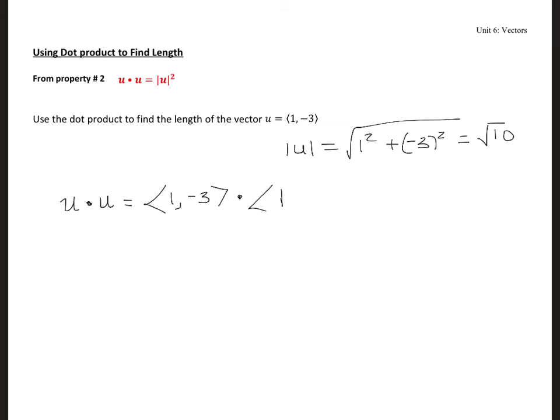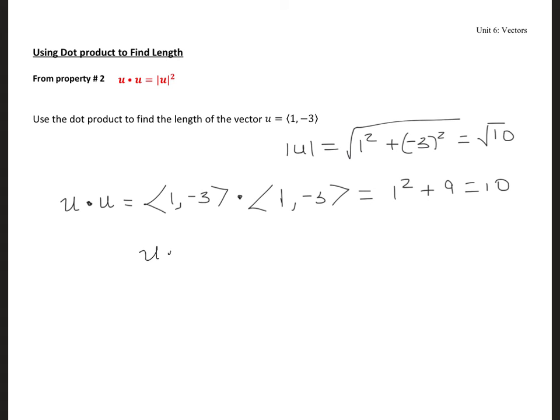So 1 times 1 is 1 squared, plus negative 3 times negative 3, which is 9, which gives 10.